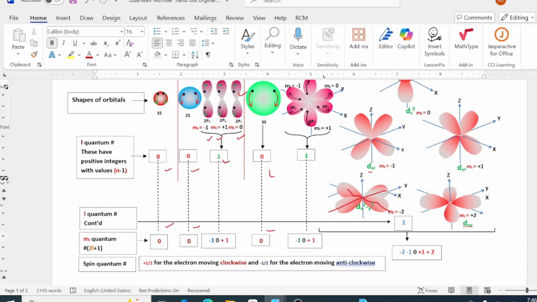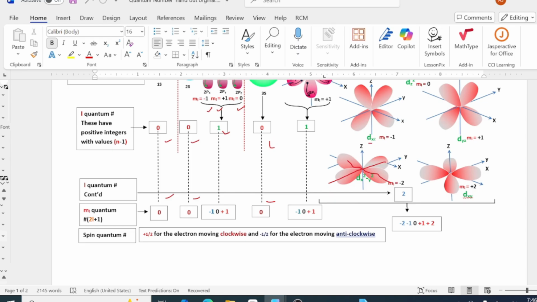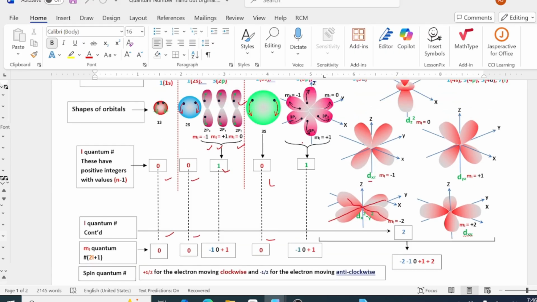Now if you go to the third shell, we know that the s is going to be 0, the p is going to have L equals 1, and again, like the 2p orbitals, we have to know which of the 3 we're talking about, and this is where these magnetic quantum numbers come in.